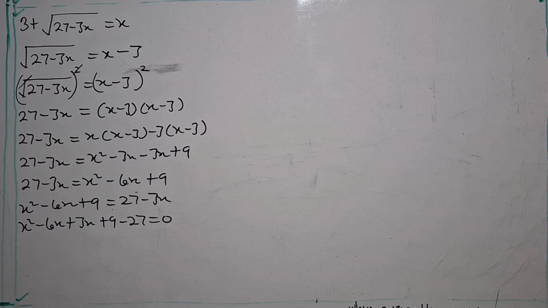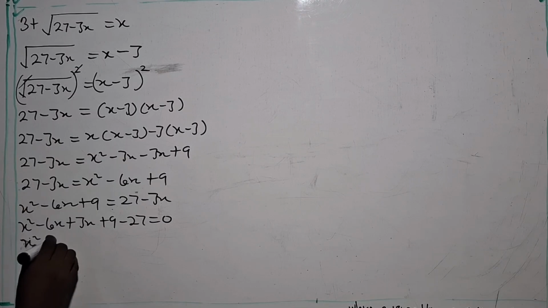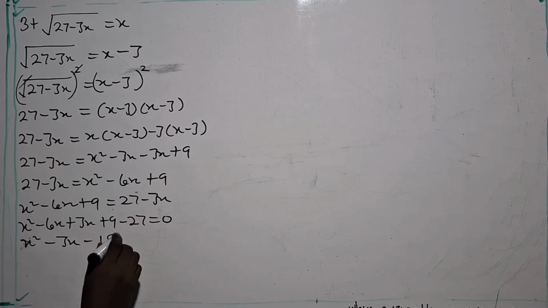So x squared, negative 6x plus 3x will give me negative 3x. Like you are owing 6 and you pay 3. Then positive 9 minus 27 will give me minus 18, which will be equal to 0.